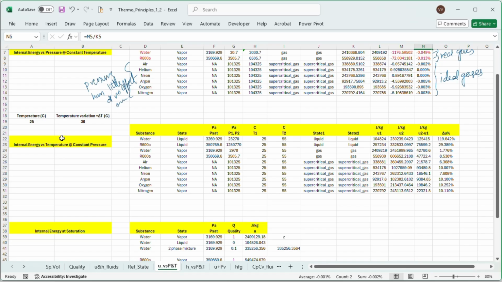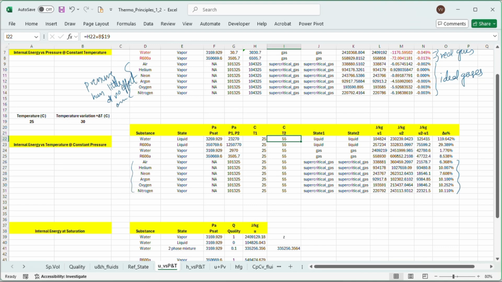So consider a constant pressure process and a temperature change of, let's say, 30 degrees C. Initial temperature is 25 and you're increasing the temperature by 30 degrees C, so 25 and 55. If you look at the U1 and U2 change, that's really high, 10% change for ideal gases.